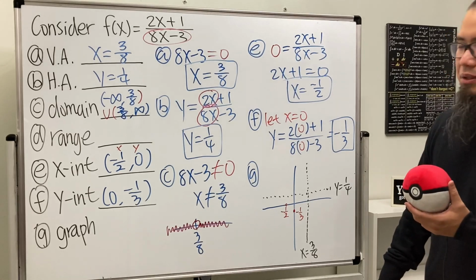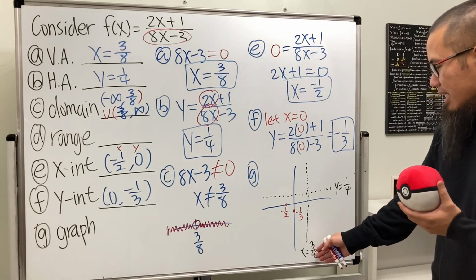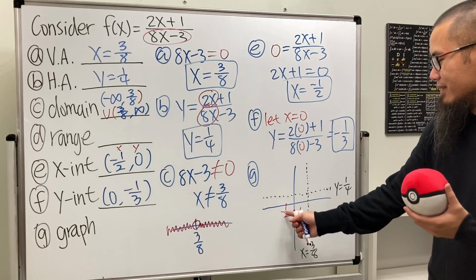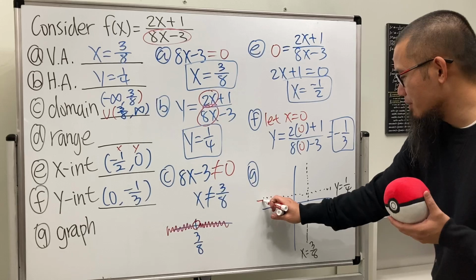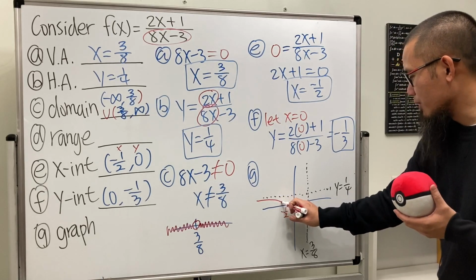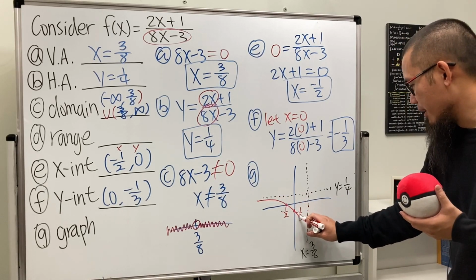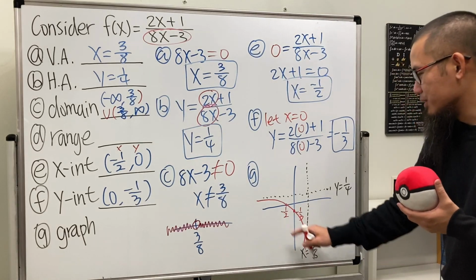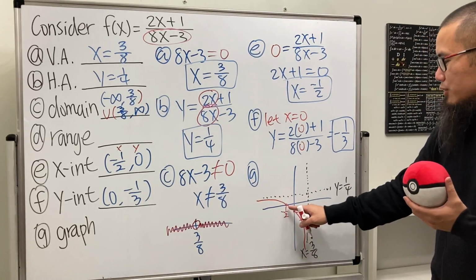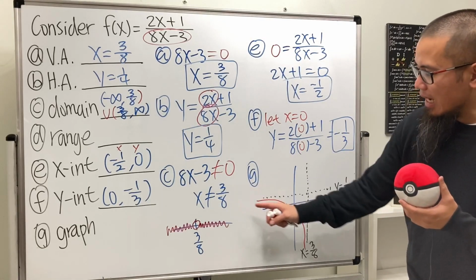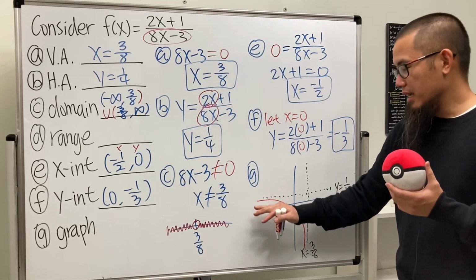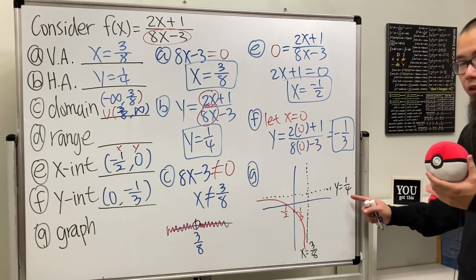Let me just tell you guys how things are. If x is less than negative 1/2, you get positive. It's actually like this. Just follow along. The graph will look like this. Why? Because I know the curve has to touch this and that point, and when you go all the way to the left, the curve has to become flat and go really close to 1/4.